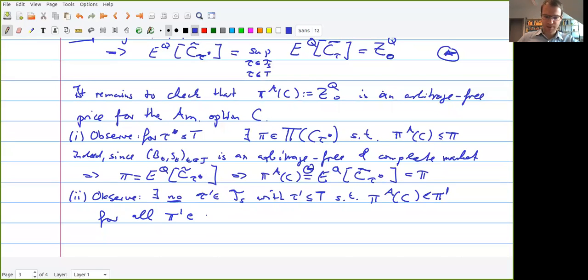So P pi prime is an arbitrage-free price of the European option, stopped with respect to the stopping time tau prime.